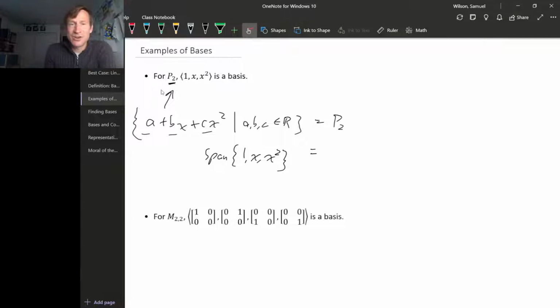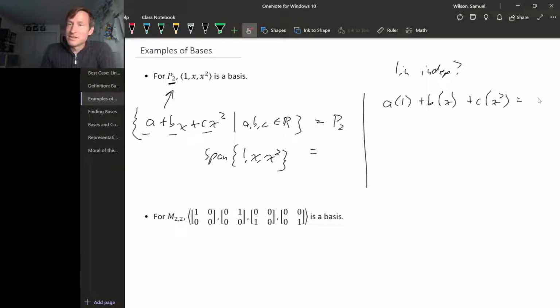Now we have to ask, are these linearly independent? Is there any non-trivial linear dependence relationship? So let's write down a linear dependence relationship. That would be a times the first one plus b times the second one plus c times the third one. Is it possible that a, b, or c could be non-zero?